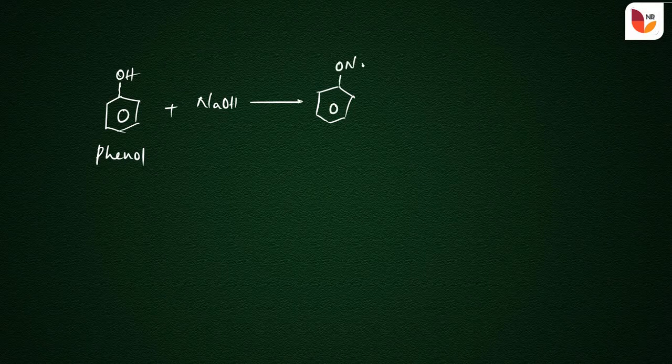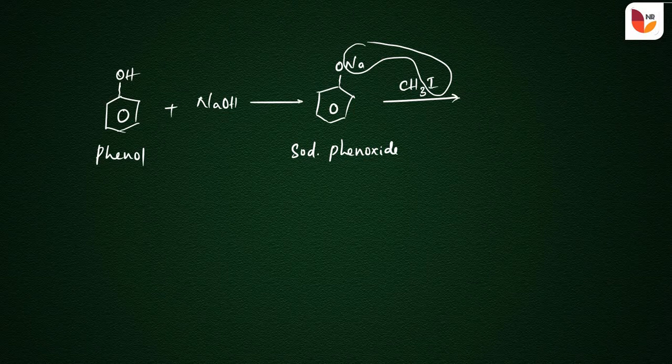So it gives sodium phenoxide. This sodium phenoxide reacts with alkyl halides. For example, let us take methyl iodide. So the sodium combines with the iodine.